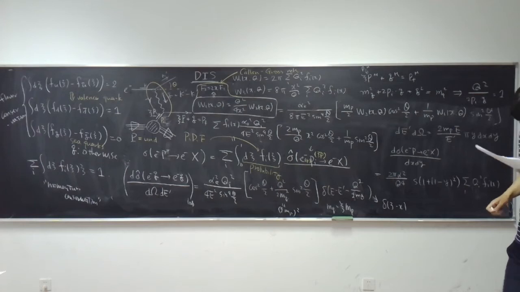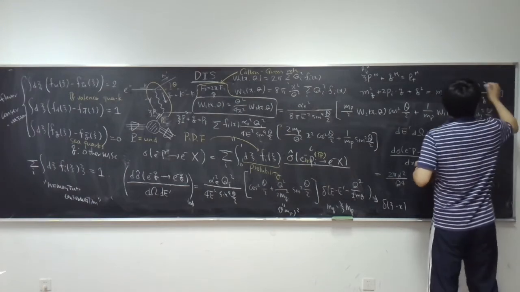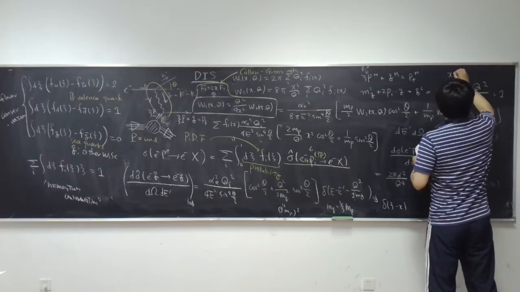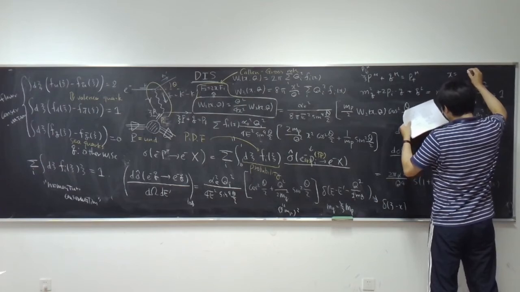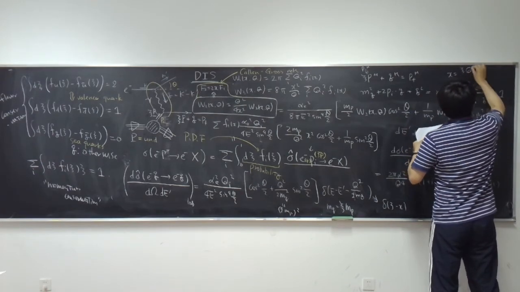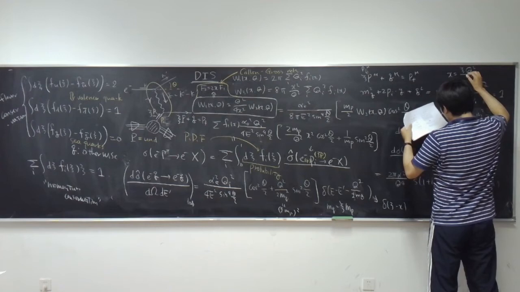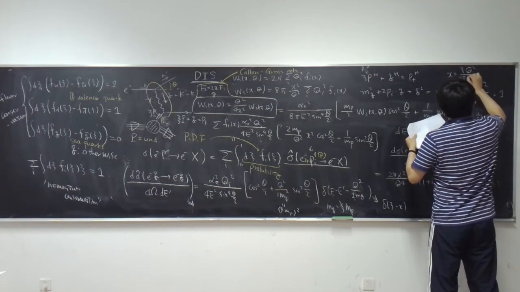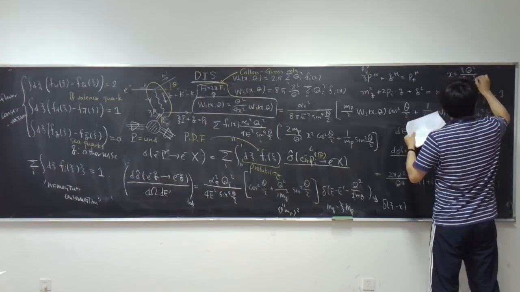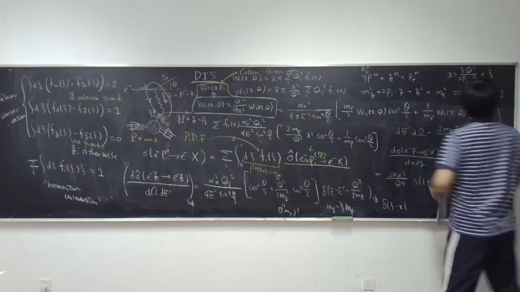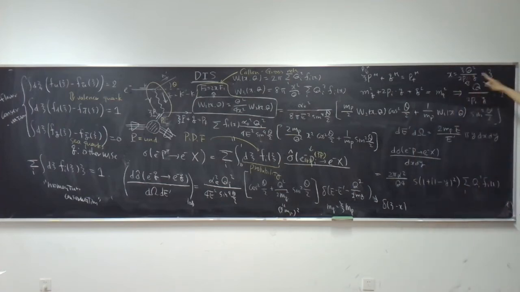And then by definition, x is equal to minus q squared divided by 2 p dot q, which is equal to xi. So for x, the xi is replaced by x. This is very natural, by energy conservation.